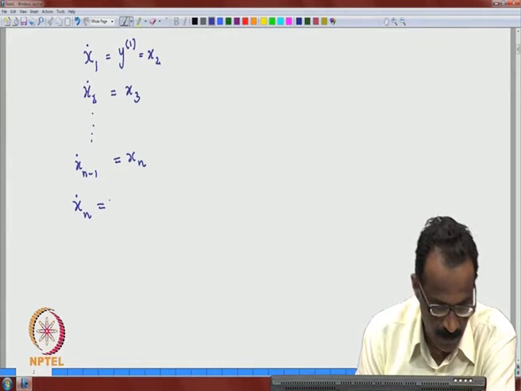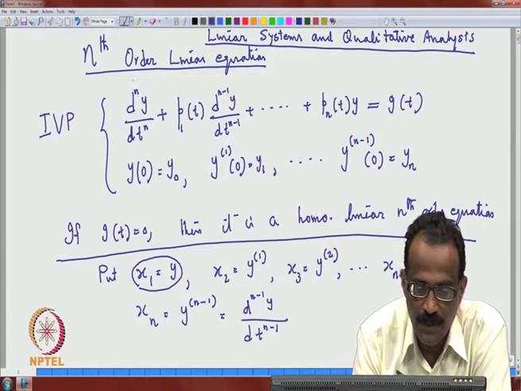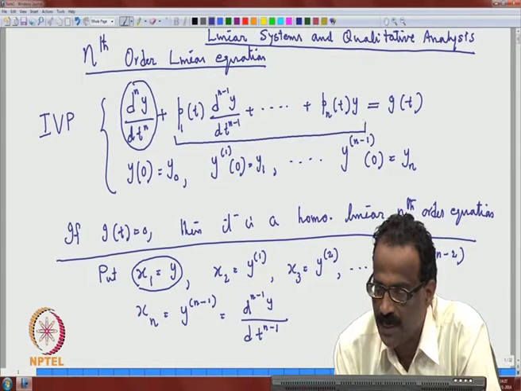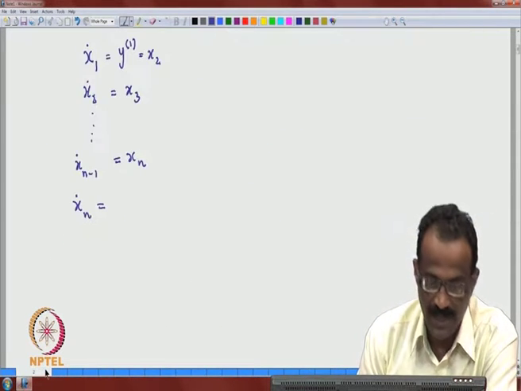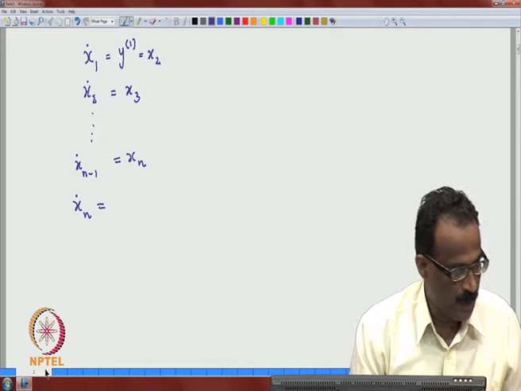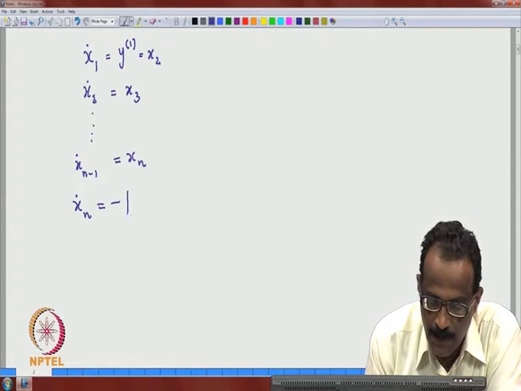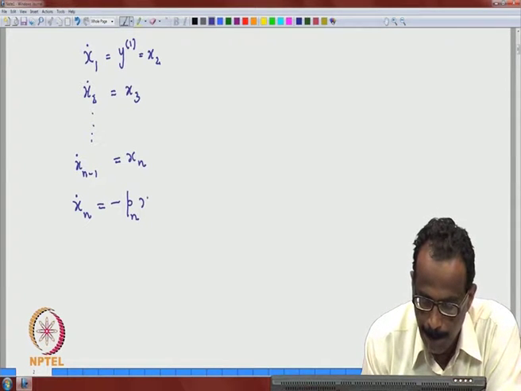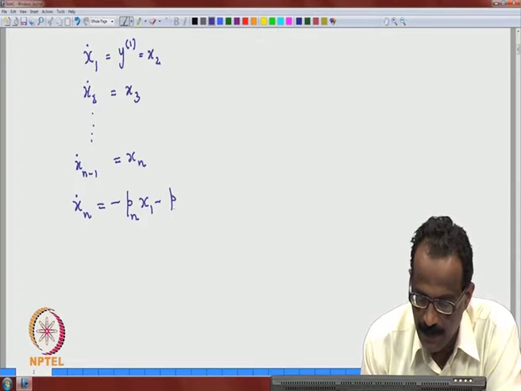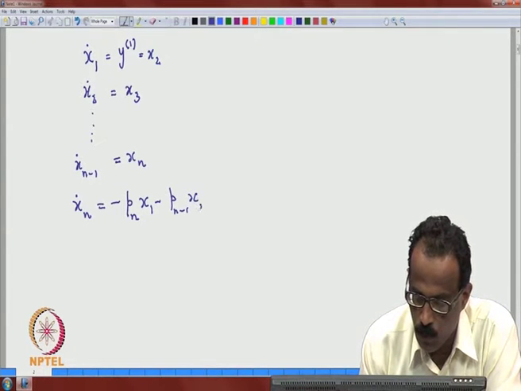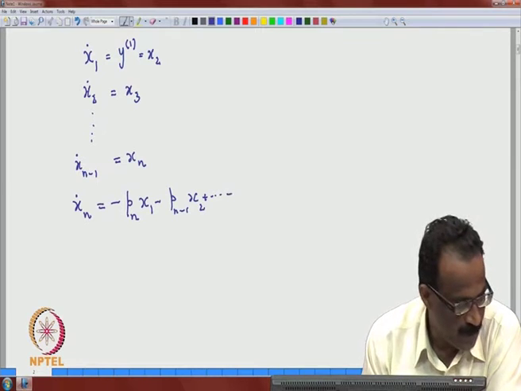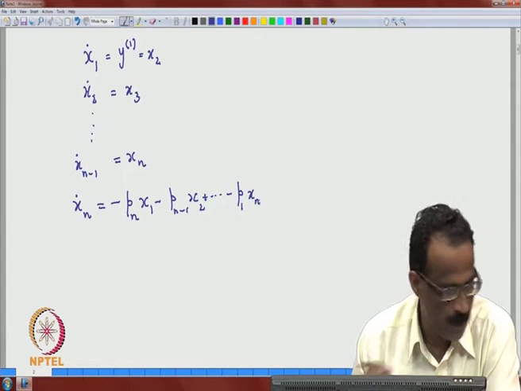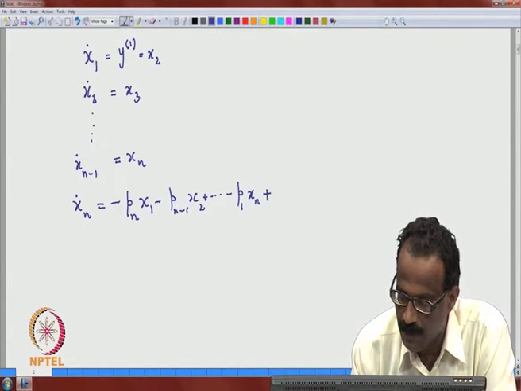If you take this to the right-hand side, you can write everything as minus P_n into x_1, minus P_{n-1} into x_2, and so on; the last part will be P_1 into x_n, and then you will also have your g(t) here.